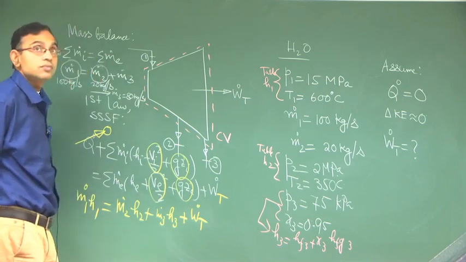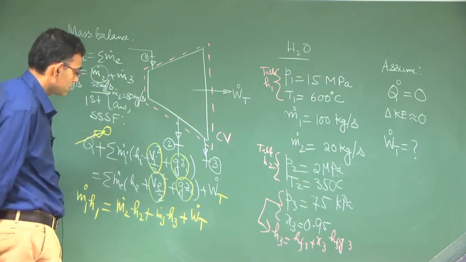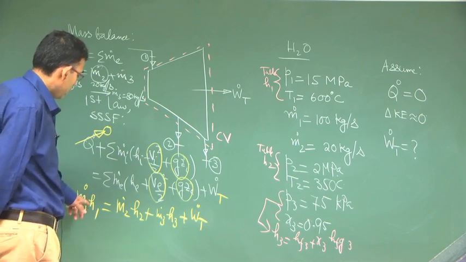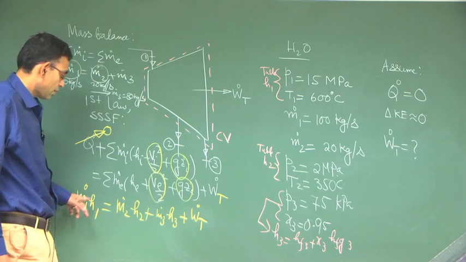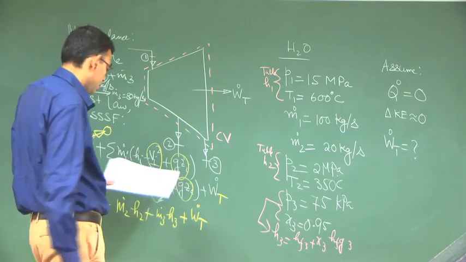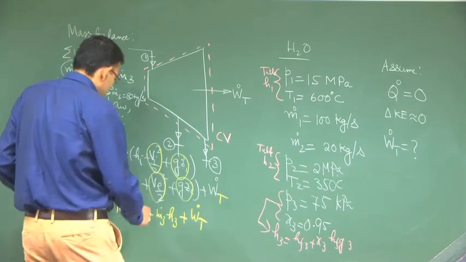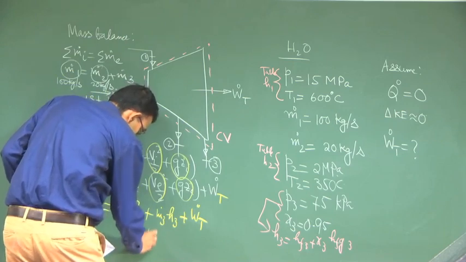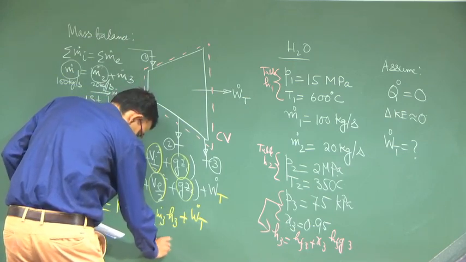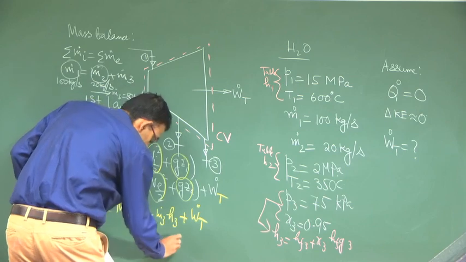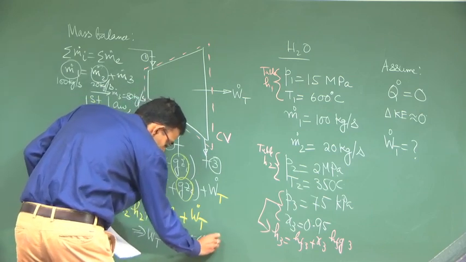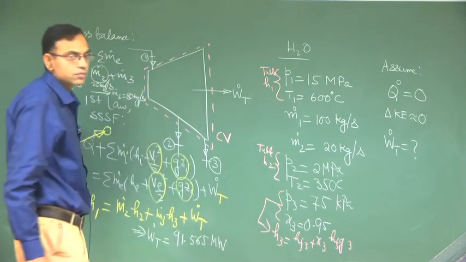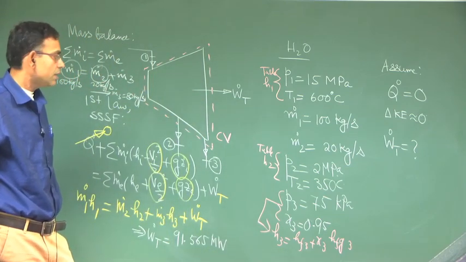Now you can substitute the values here and you will get what is W dot T.